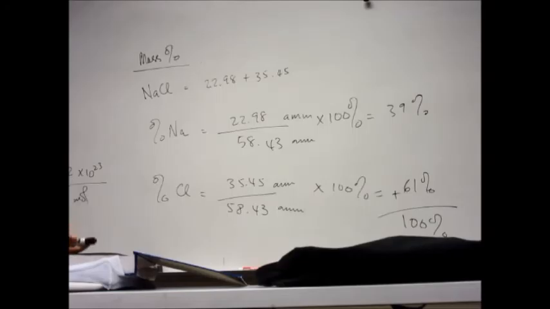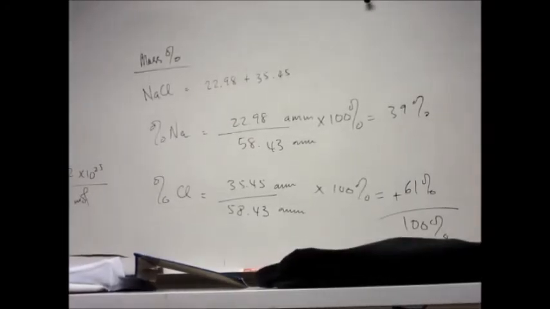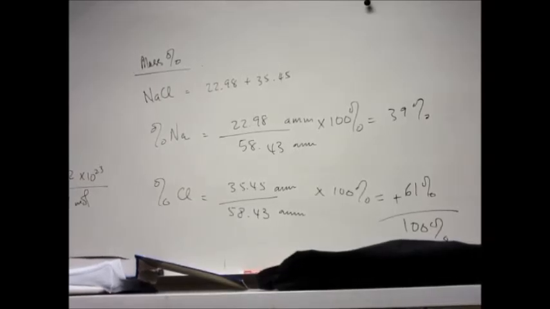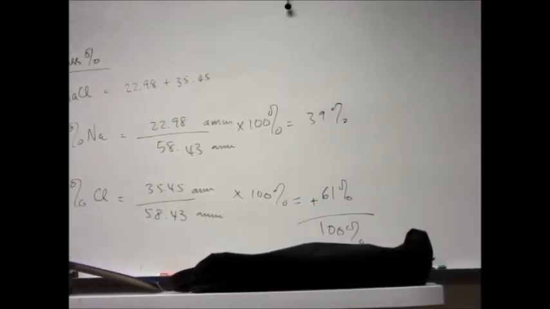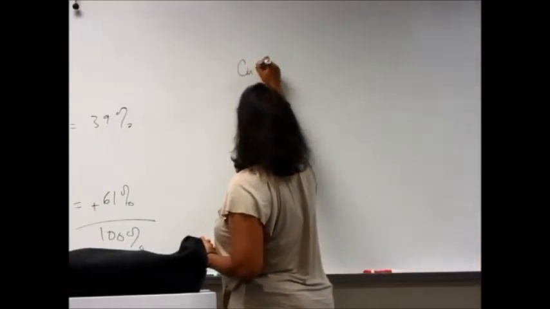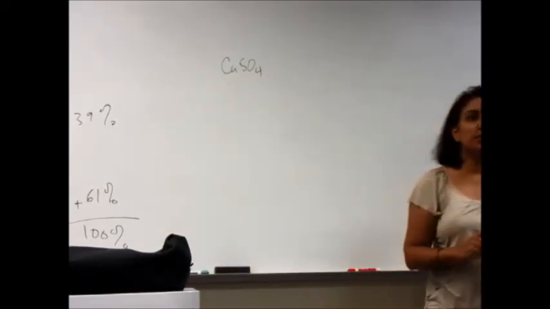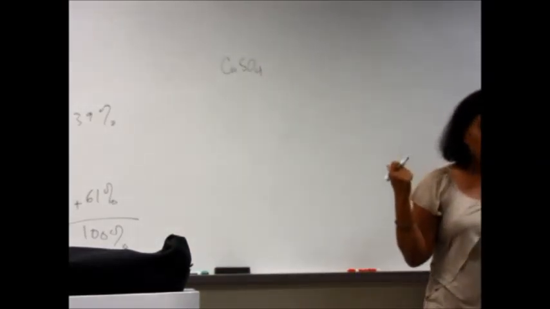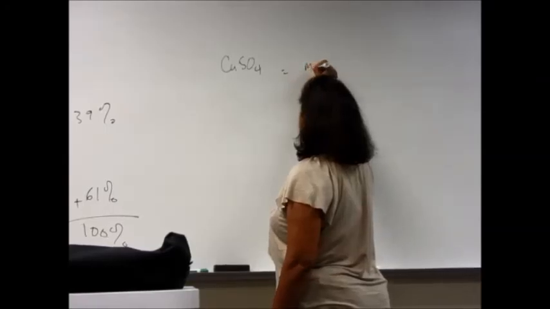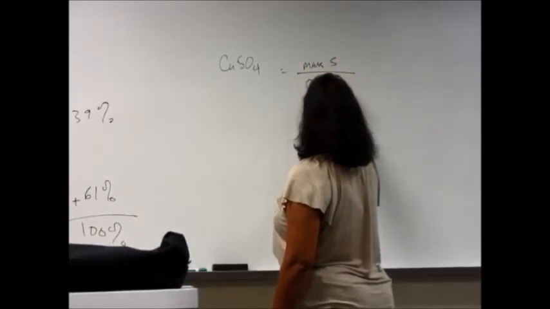If you were to do it for multiple atoms, let's do that one thing. I will take my trusted calcium sulfate. So if you were calculating the mass percent of sulfur over here, it would be the mass of sulfur divided by calcium sulfate.